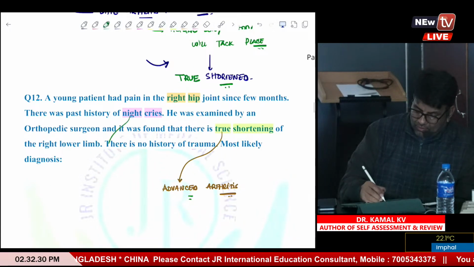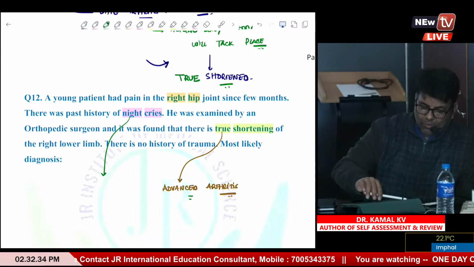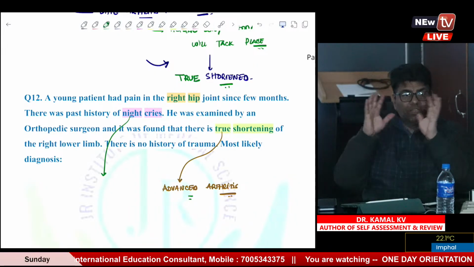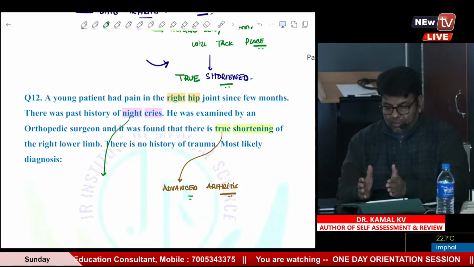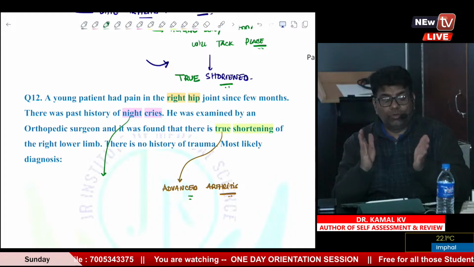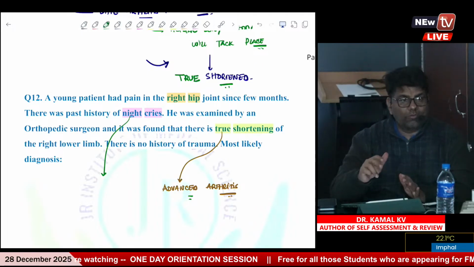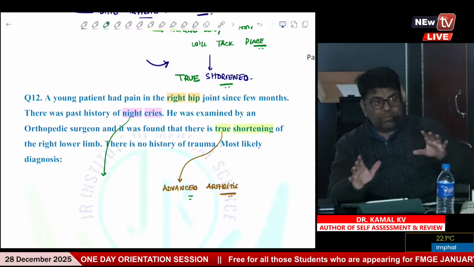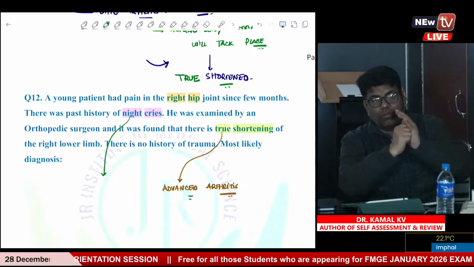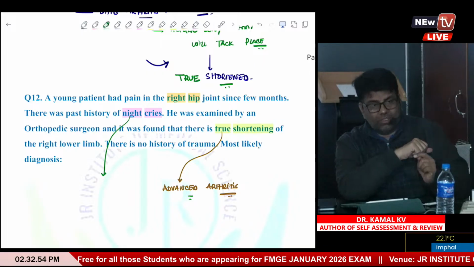Now, here we are getting one word, night cries. What does this mean? In the daytime, whenever there is inflammation, the surrounding muscles become stiff. They go into spasm, and therefore the patient will not walk freely. This spasm is just to make sure that there is no rubbing of bony ends, because that is very painful. But what happens during night?